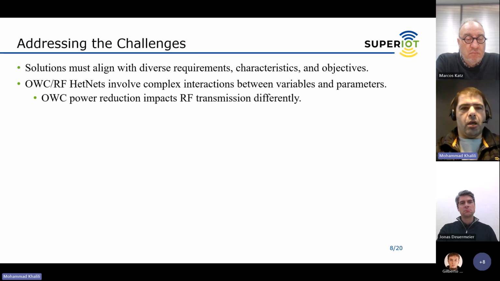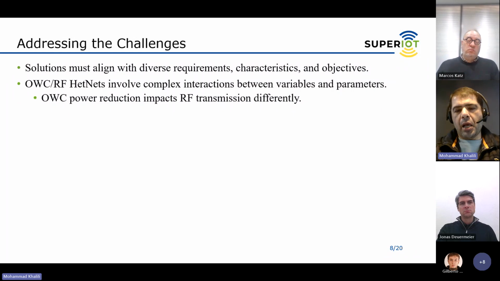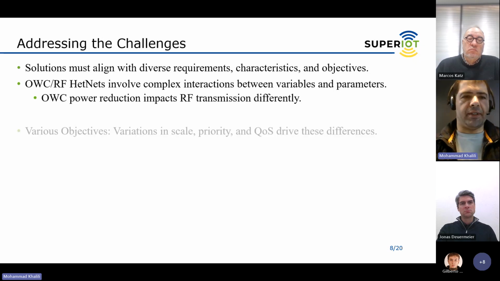For example, decreasing the transmission power of the optical transmitter has an effect on the transmission power in radio frequency, but the scale is totally different.